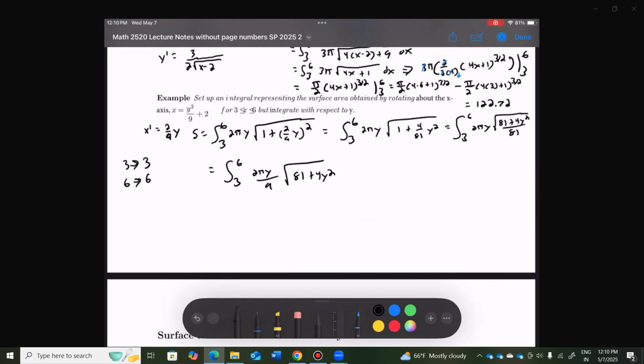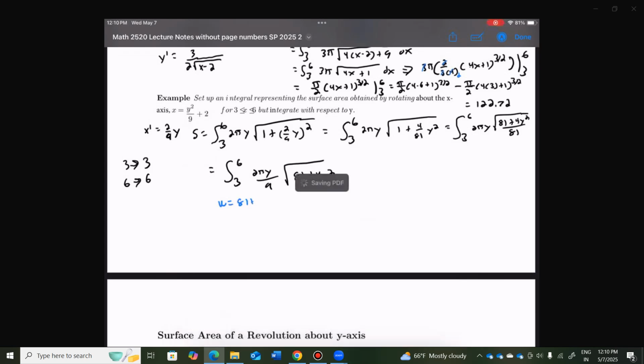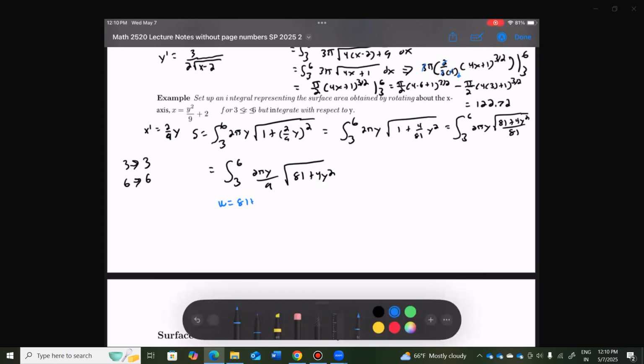Right. This one in particular, I can solve through a u substitution. U equals 81 plus 4y squared. So du is 16y. Oh, I'm sorry, I squared that. 8y dy.